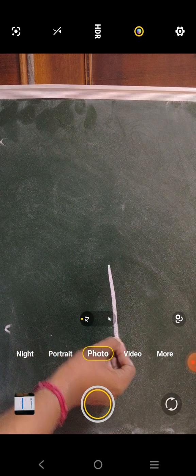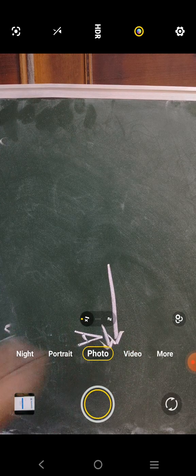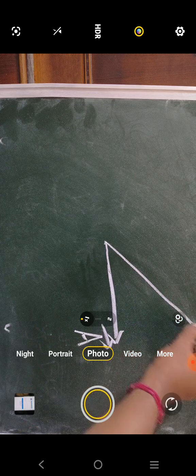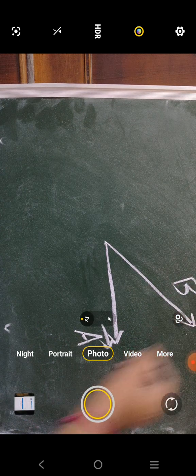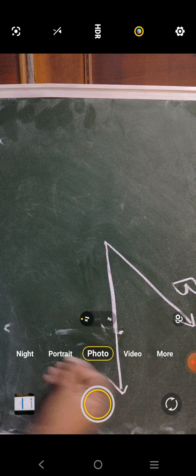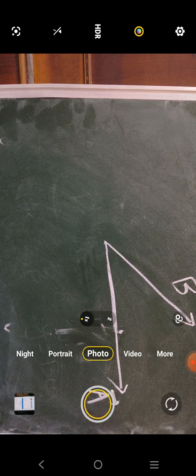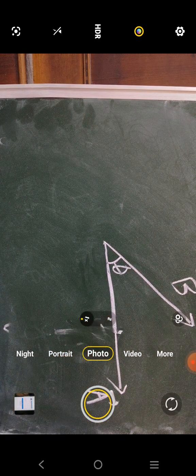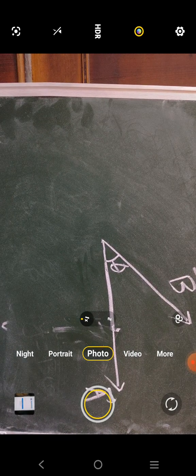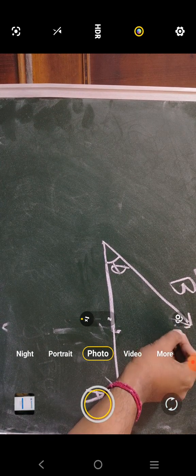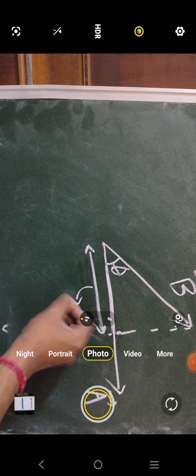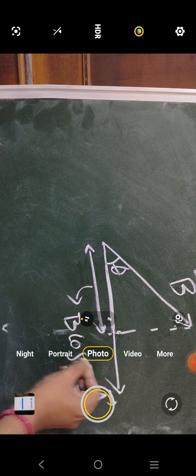These two vectors, one is vector A and another is vector B. The angle between them is theta. If I am telling the projection of B on A, then I have to draw a perpendicular. So this portion is going to be B cos theta.